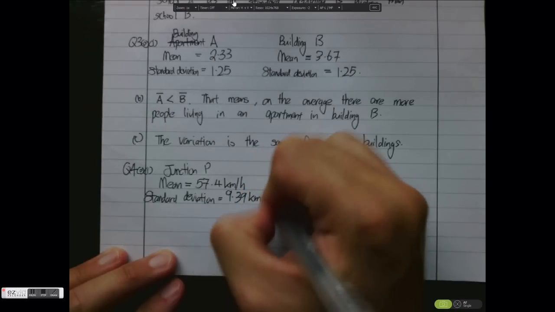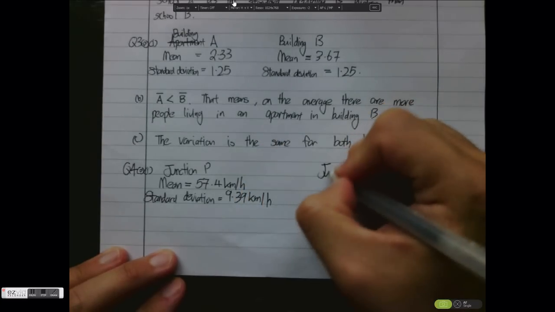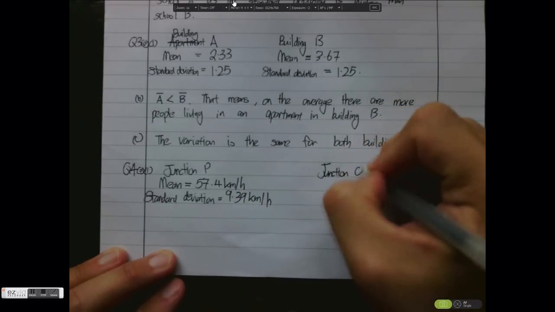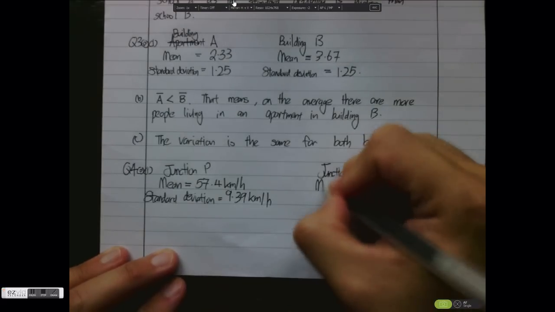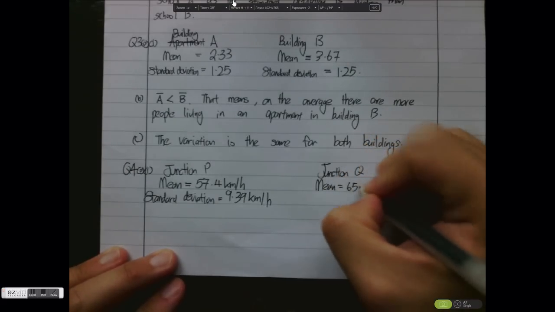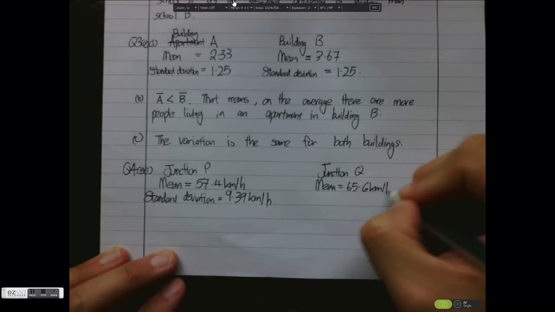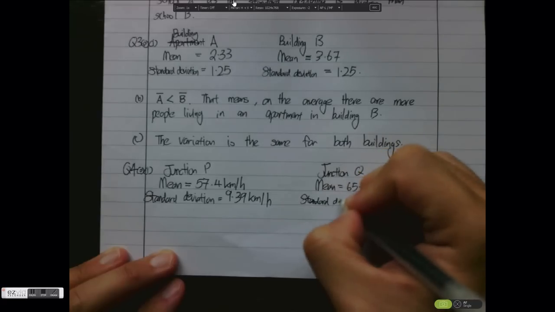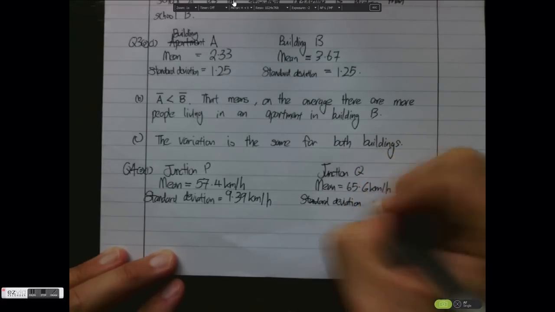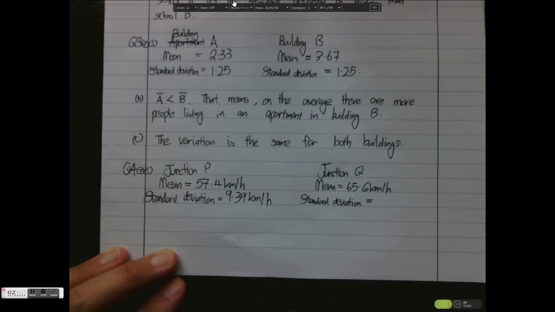For junction Q, the mean is 65.6 km per hour, and the standard deviation is equal to 10.5 km per hour.